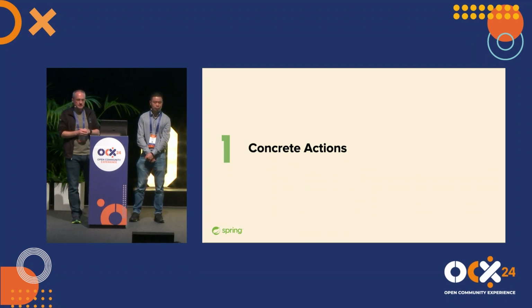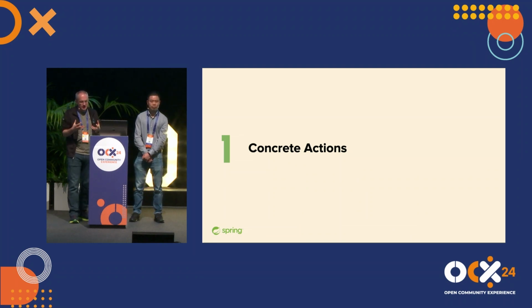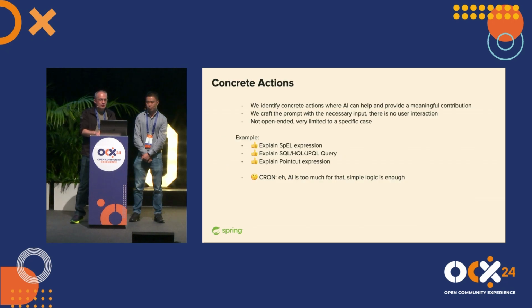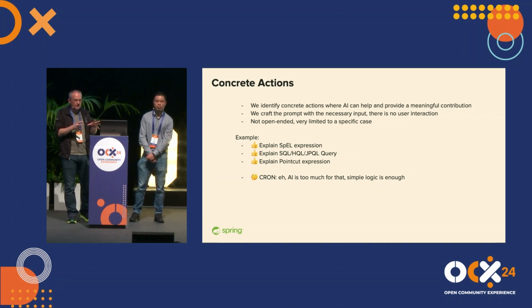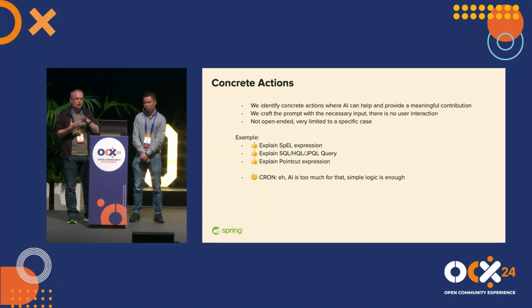The first thing is, this is something you can already use. And you might have already seen in another presentation, we do concrete actions. So we know in the Spring source code that there are specific bits and pieces, and we just started on that, where it might make sense to use a large language model to help you. For example, in Spring, you can use something like SpEL expressions, Spring Expression Language expressions.